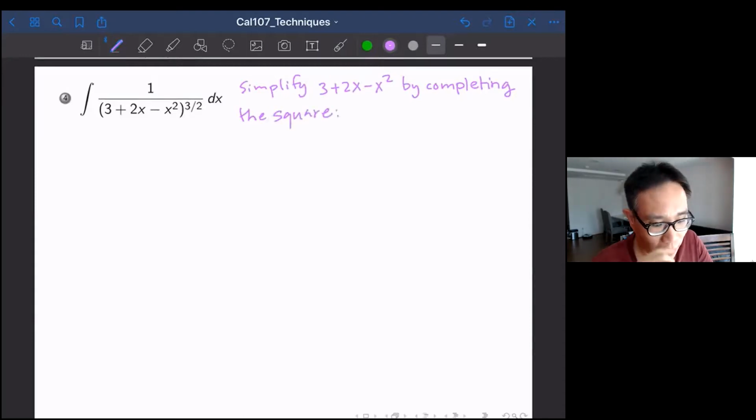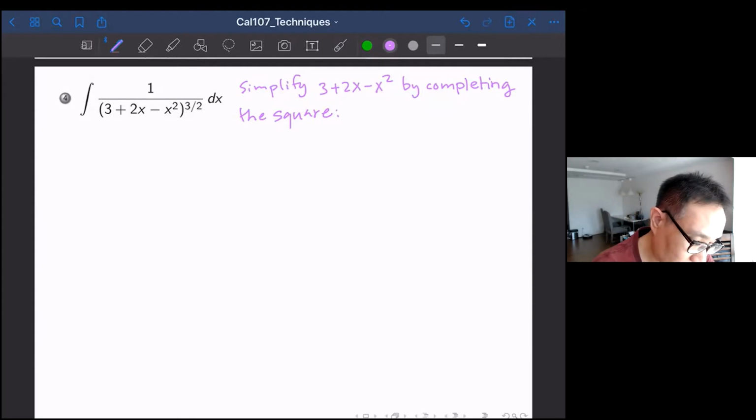That is the technique in math called completing the square. The thing that you have is 3 plus 2x minus x squared.